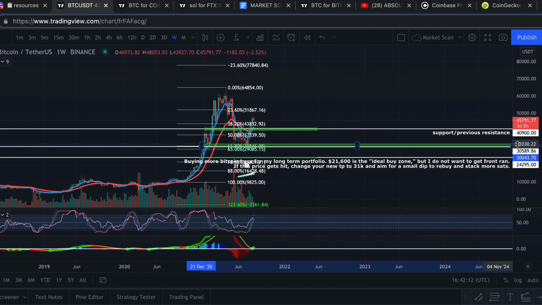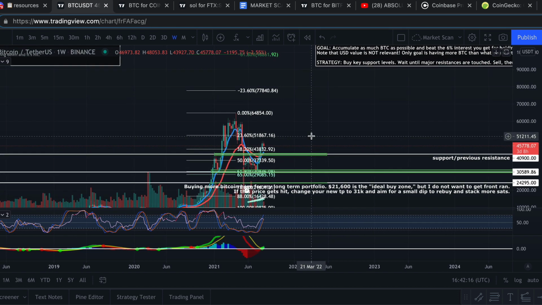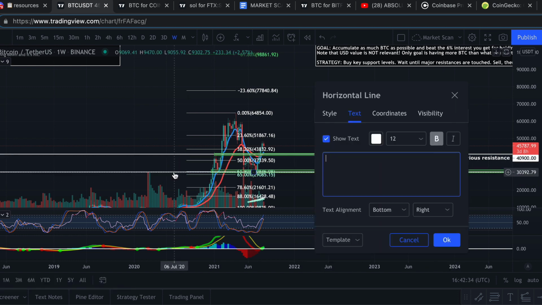I bought here, and then I bought more up here. So this is really the new TP. So exit out of that, no longer needed. This is really go all in.